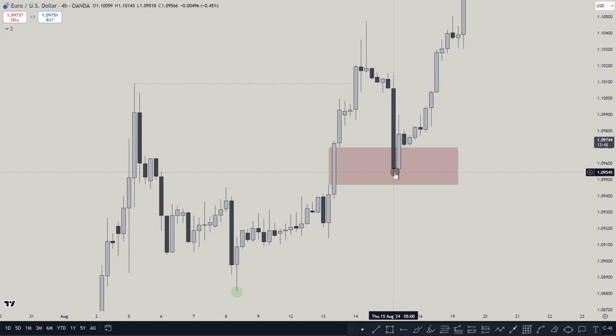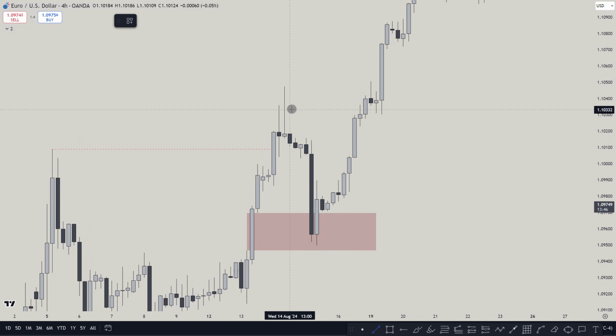If we get a confirmation from here, then what we can target is the external high, and you see, taking that high very nicely and then continuing higher. We don't know exactly how far we can continue before the pullback, but this is going to be the first target here.